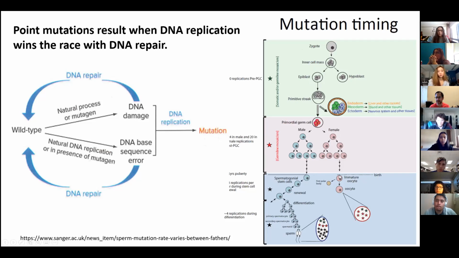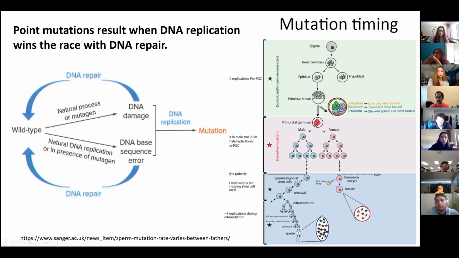in female, the number of oocytes is already established, and they no longer divide after birth. So there is no longer division of oocytes after birth. Whereas in male, these spermatogonial stem cells are renewing all the time, and then when sexual maturity is reached, they will start proliferating at a very high rate.